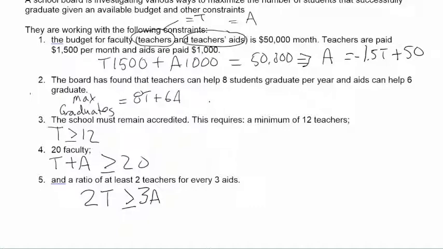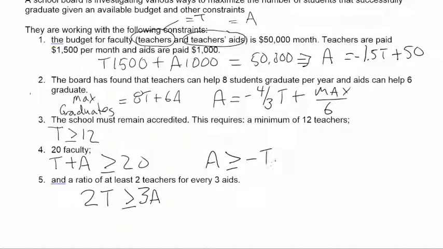Number 2 is A equals minus 4/3 T plus the maximum number of graduates divided by 6. Number 4 would be A is larger or equal to minus T plus 20. And for number 5, A is smaller than or equal to 2/3 T.